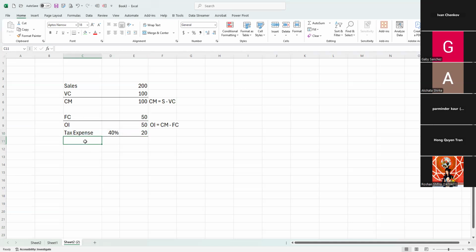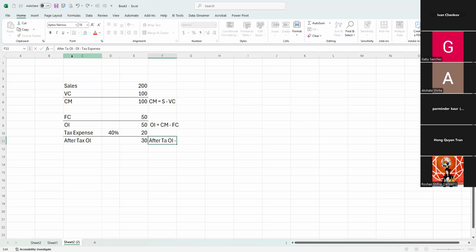And after that, I'm gonna have after tax operating income. How did I get after tax operating income? This one minus $20, correct? Operating income minus tax expense. Make sense?